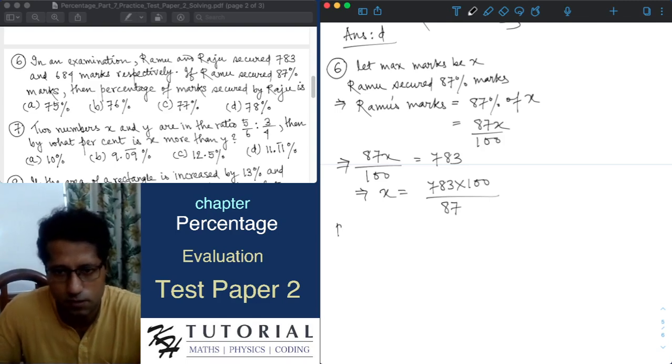Now Raju's marks, it is given, Raju's marks equals 684.